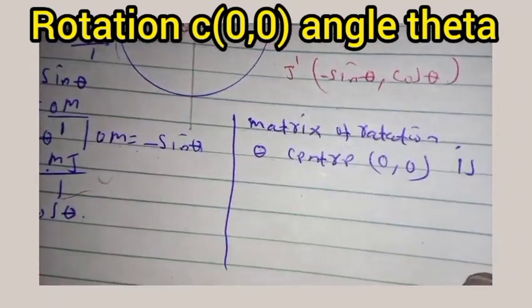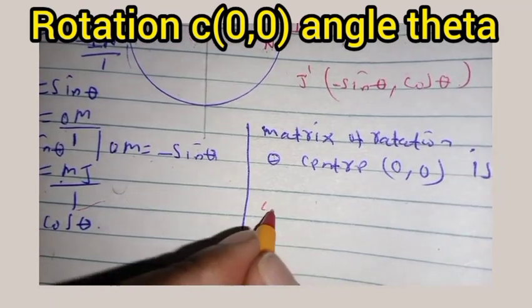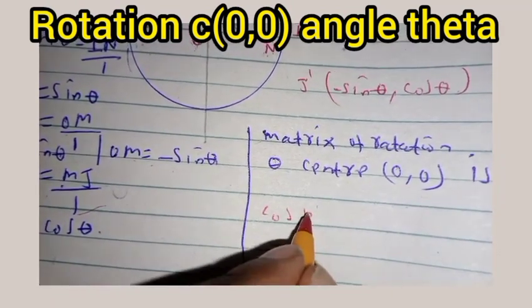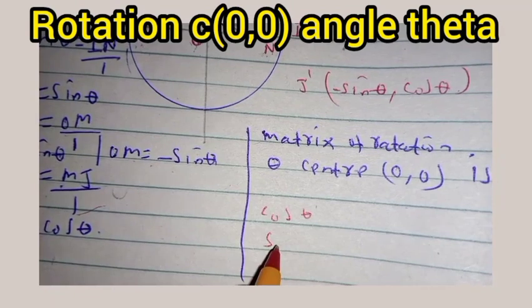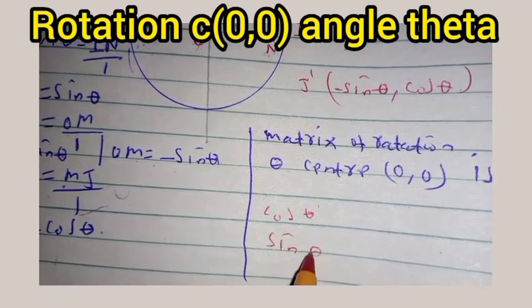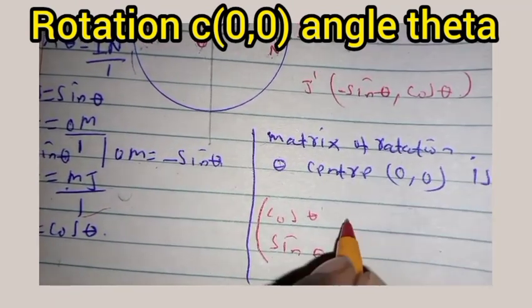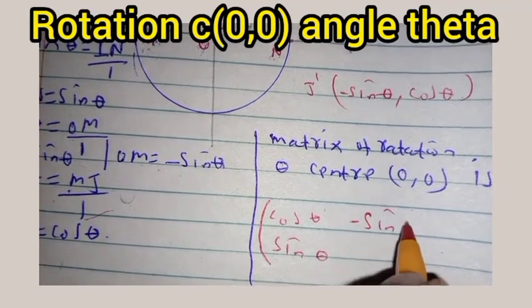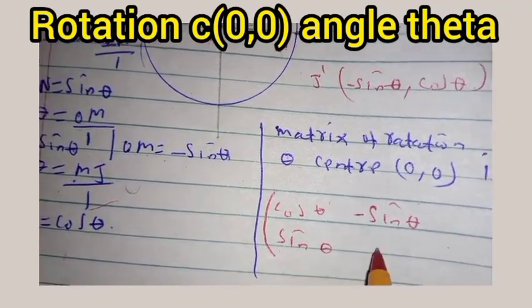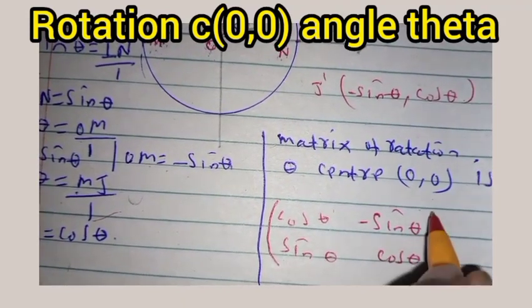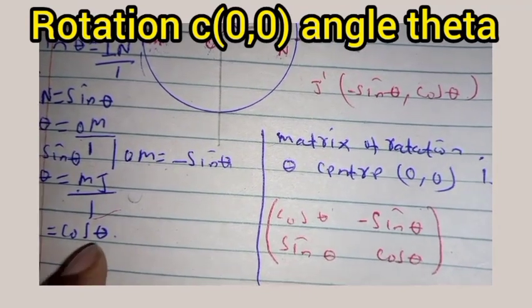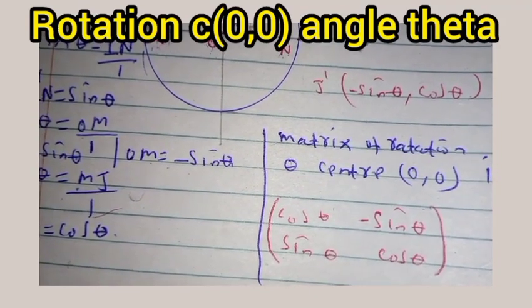So we write it here: cos theta, sine theta, negative sine theta, then cos theta.